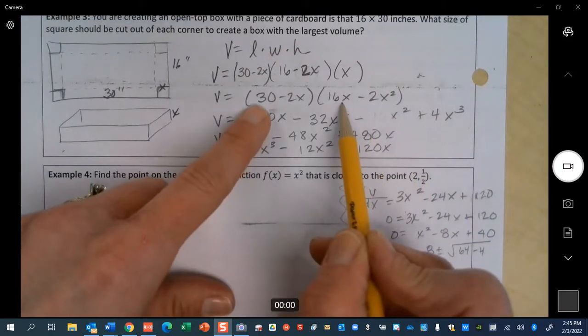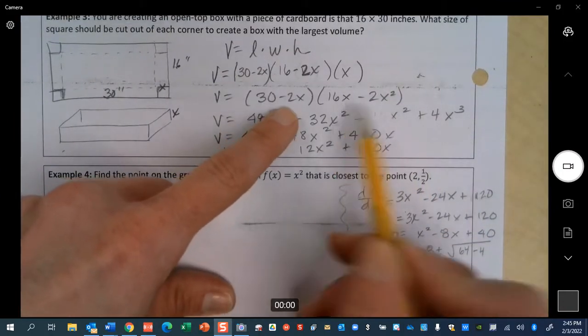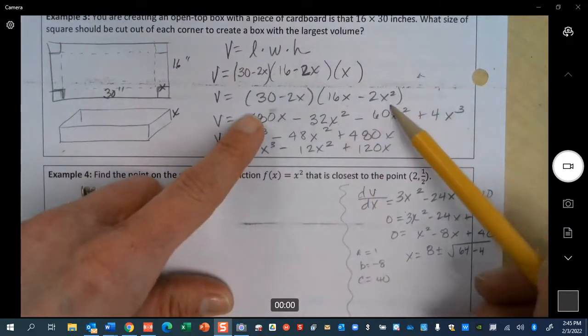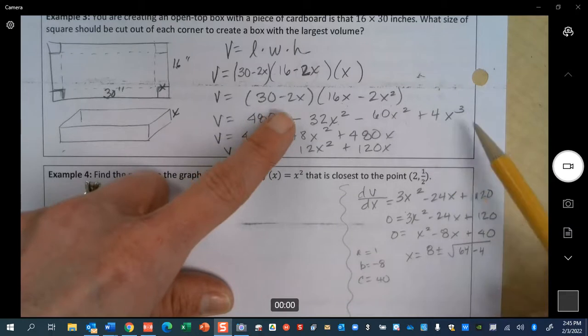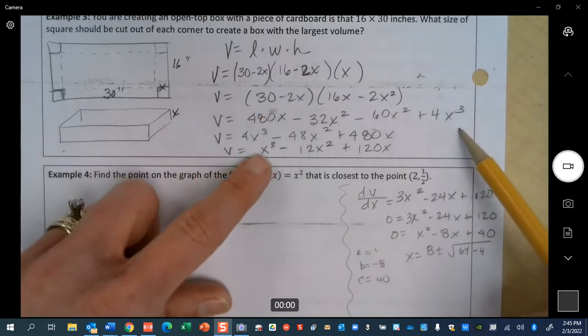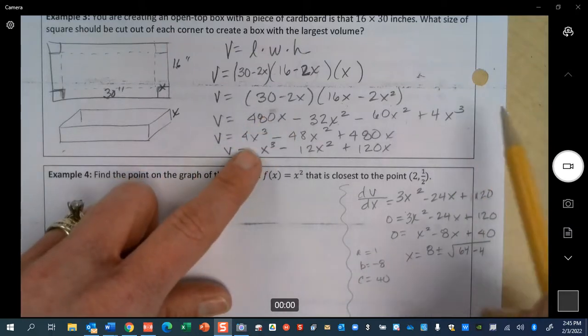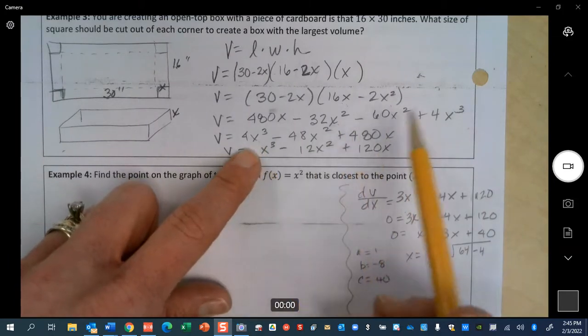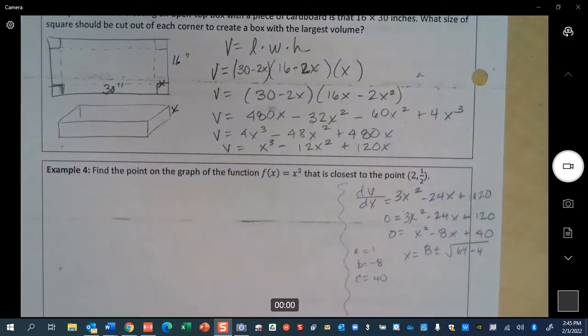First, here's my inner. My outer is minus 60. x squared plus 4x cubed, right? 4x cubed. 32 and 60.